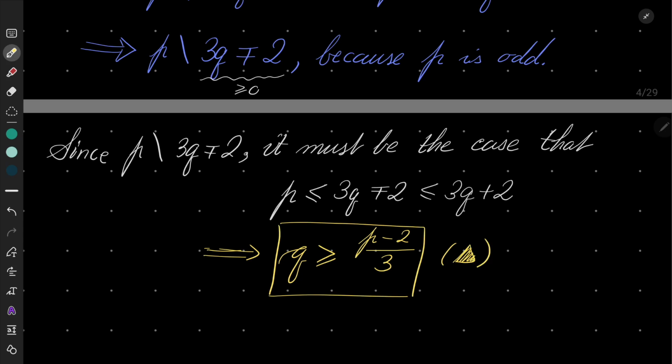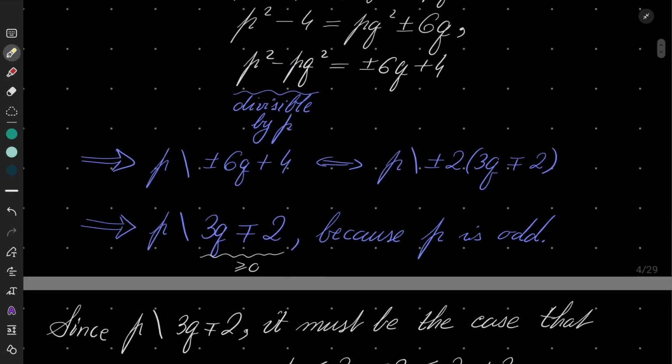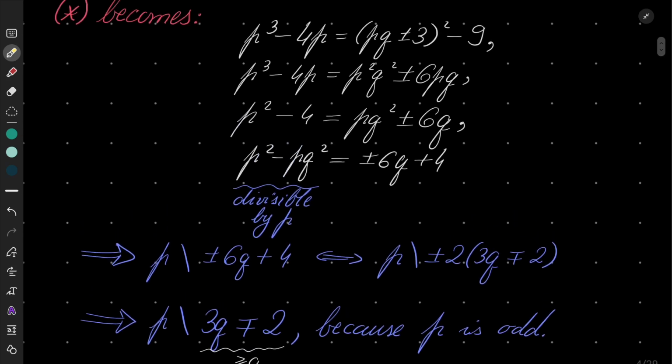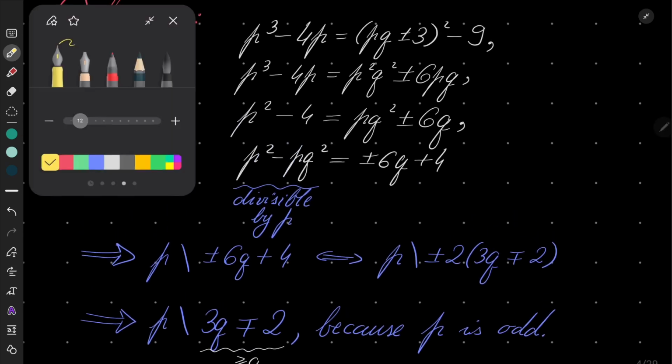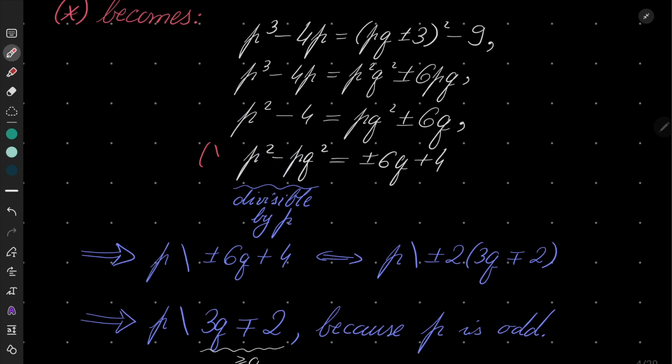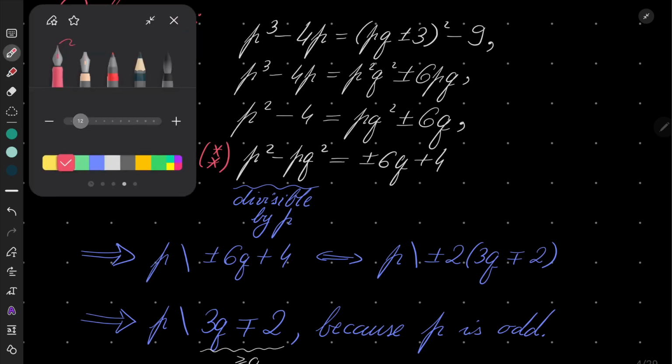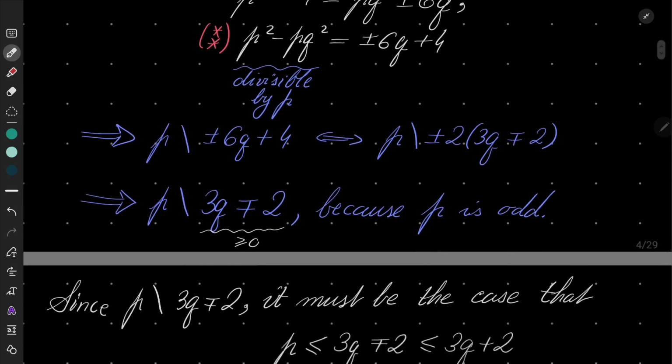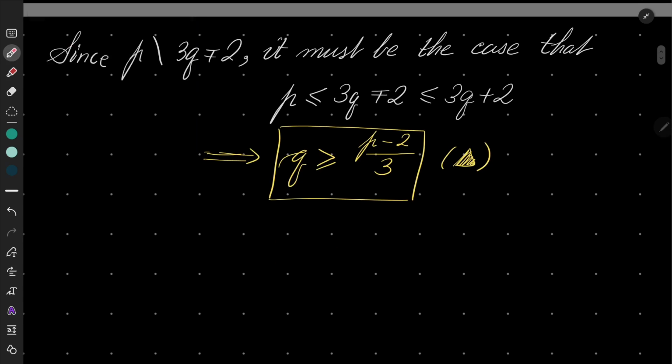And now, using this bound, I will go back to my condition which I marked asterisk, or maybe to this form which I will mark double asterisk. This has to be satisfied. So let's write it again in a slightly different form.